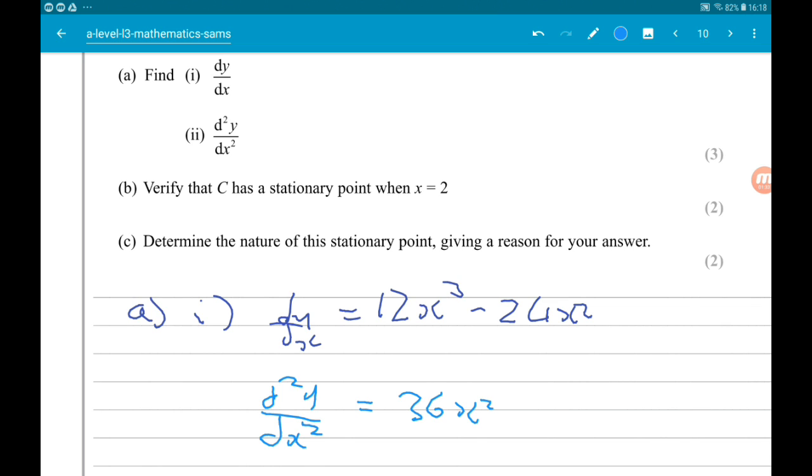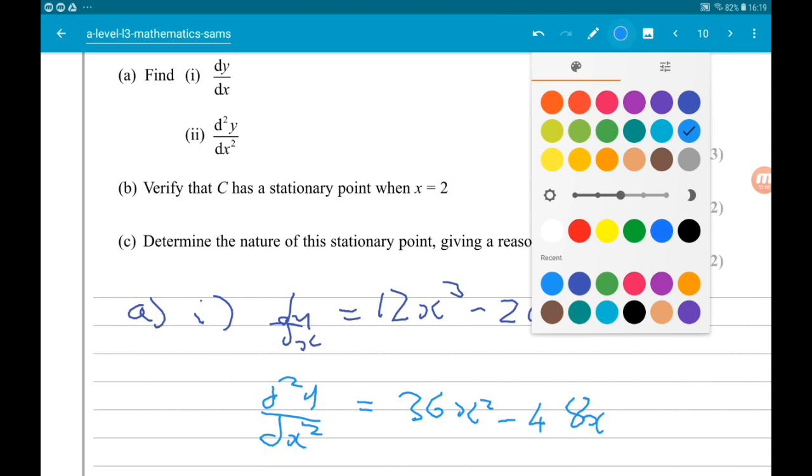And then minus 24x squared is going to become minus 48x. Cool. Okay, then part B wants us to verify that C has a stationary point when x equals 2.